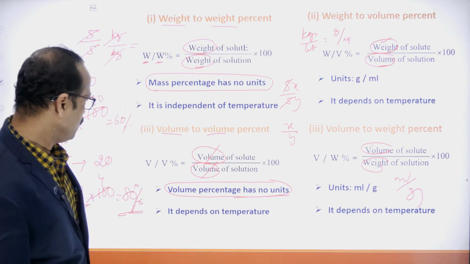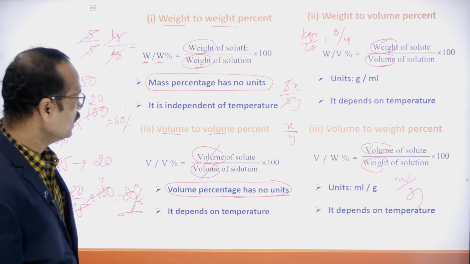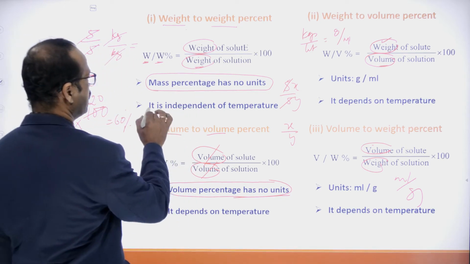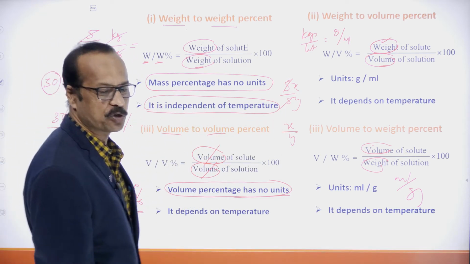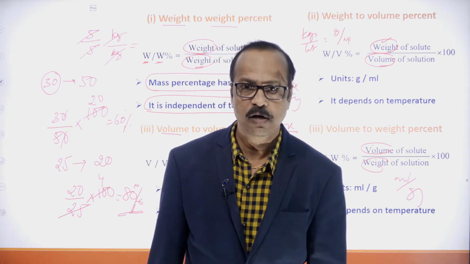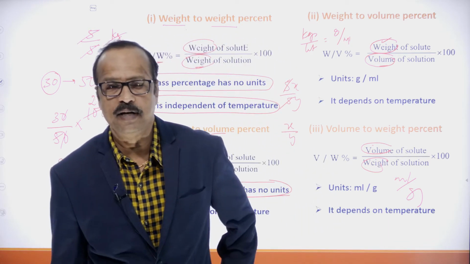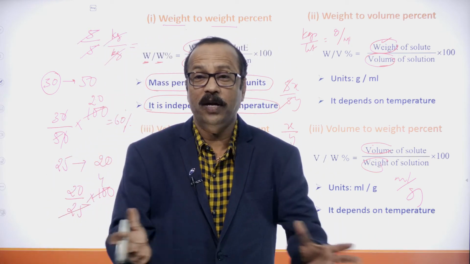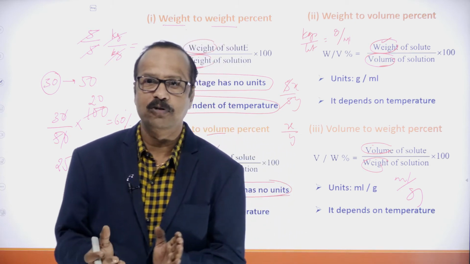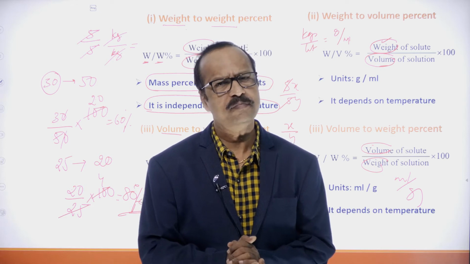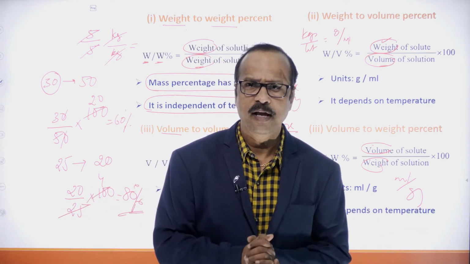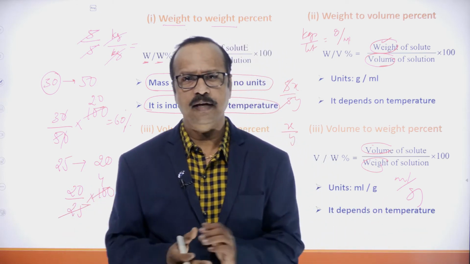And here some important points are there. Weight to weight percentage is independent of temperature. Independent means what? Not dependent. Recently, we celebrated 75 years of Azadi Ka Amrit Mahotsav, Independence Day. What is Independence Day? You are not dependent on anyone. It means India is not dependent on any other country.